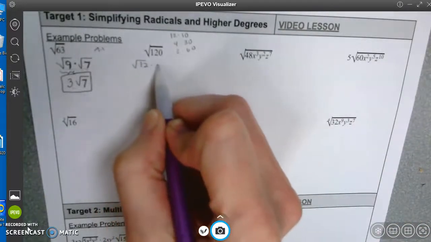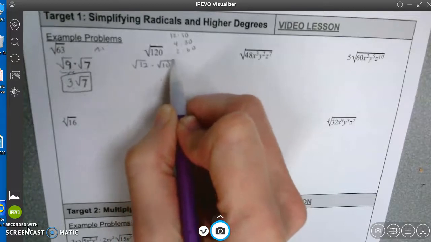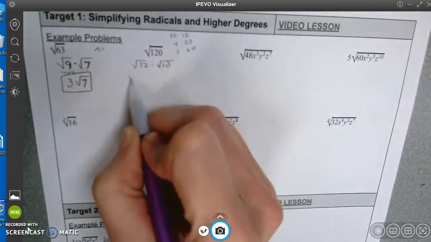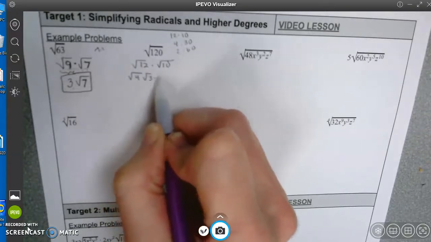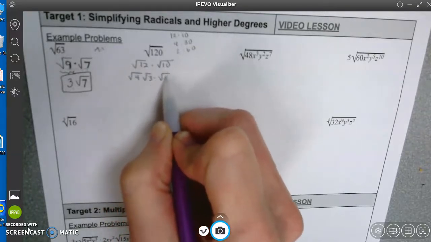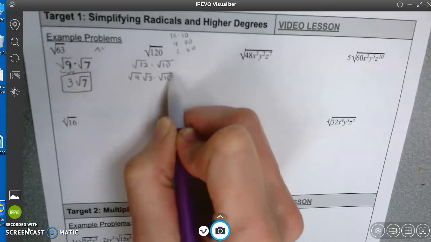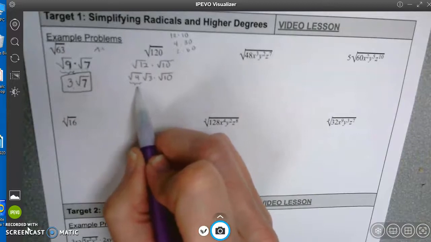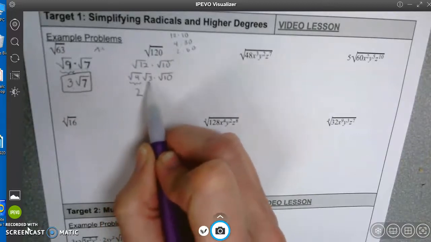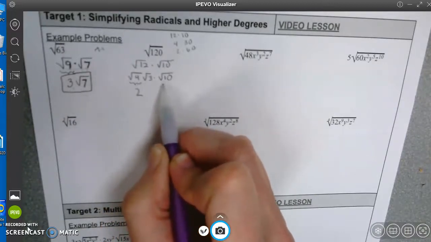And even though neither of those is a perfect square, if I keep breaking down my numbers and look for perfect squares again, or pairs, it's probably going to help me get to where I need to be. So look at this, and that is a perfect square. So I'm going to pull that out and bring that as a 2. These two are not perfect squares.